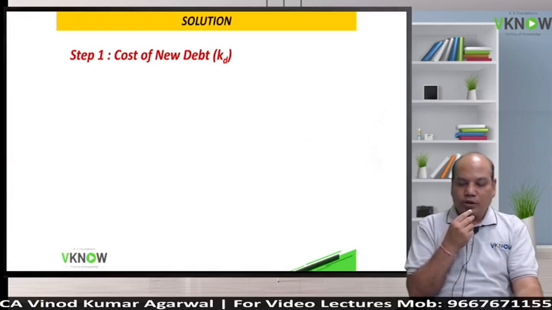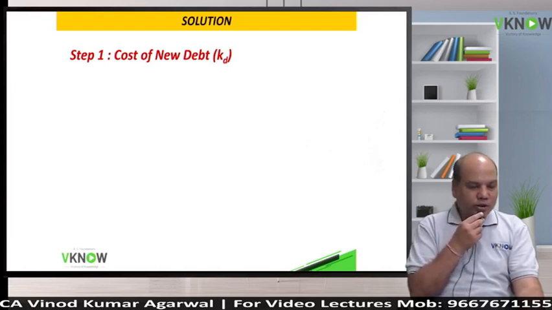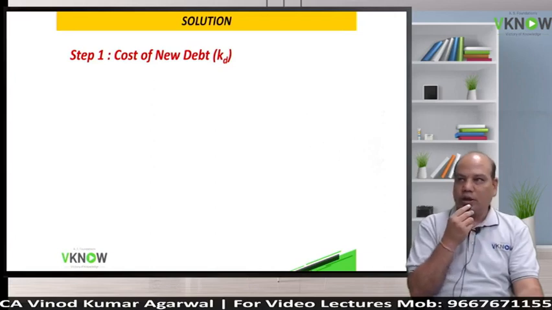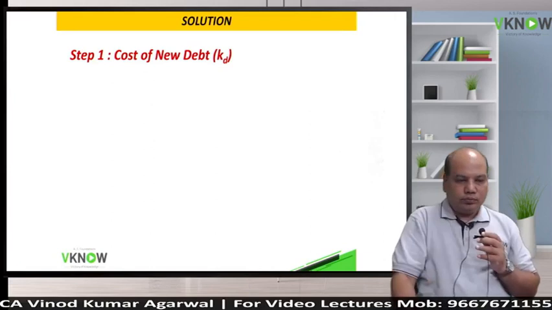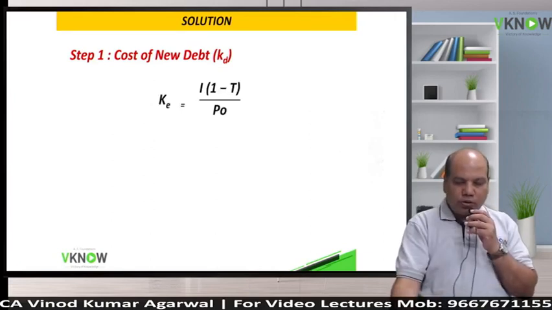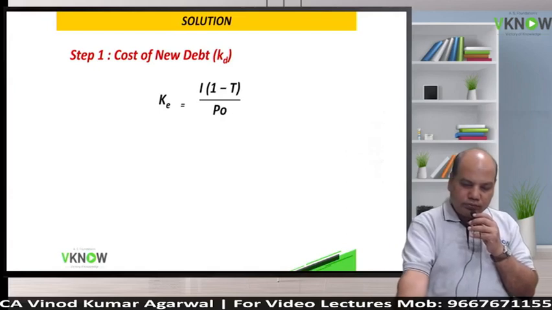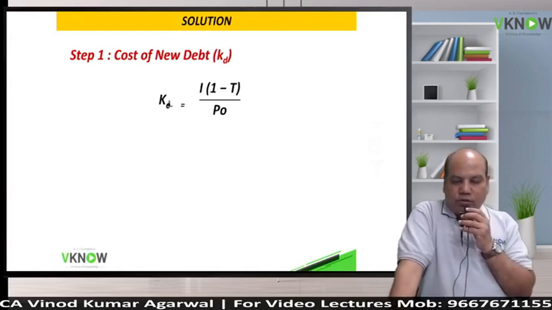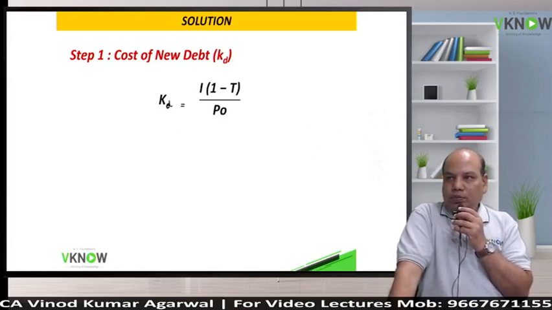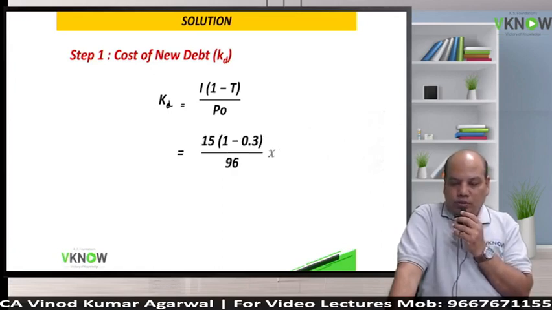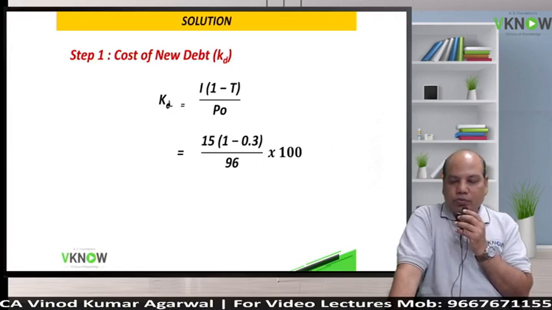So we'll first find out cost of debt, equity and preference share. Are you ready? So write down cost of new debt, KD is equal to I into 1 minus T upon P0, because number of years are not mentioned in the problem.